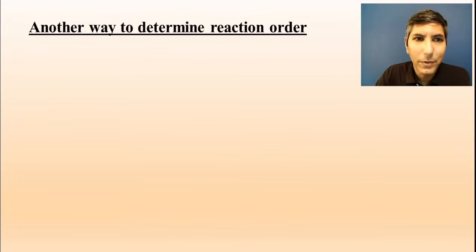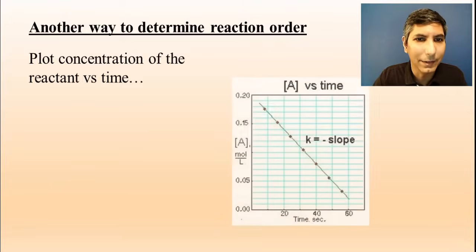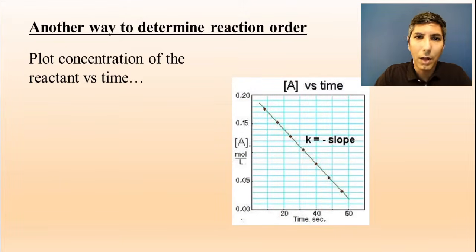Now, what you want to do is take the reactant that you're trying to determine the order of, and let's make some graphs. The first graph we're going to make is the concentration of the reactant on the y-axis and time on the x-axis. And so if you do that, there's a chance that the graph might look something like this.